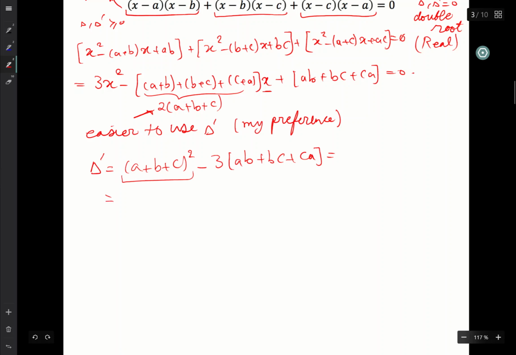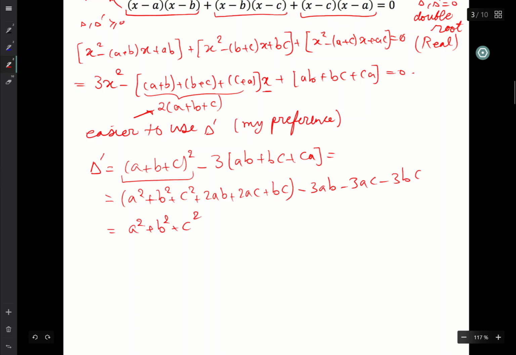If you square this, it becomes a squared plus b squared plus c squared plus 2ab plus 2ac plus 2bc, minus 3ab minus 3ac minus 3bc. And this becomes a squared plus b squared plus c squared minus ab minus ac minus bc.